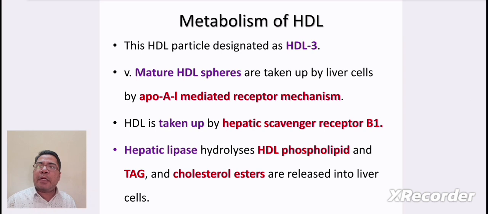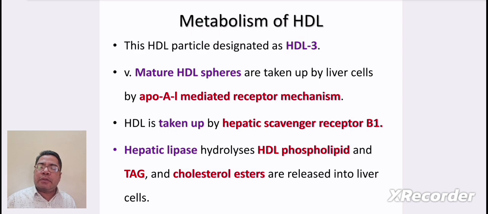This HDL particle, designated as HDL3, the mature HDL sphere, is taken up by the liver by an ApoA1 mediated receptor mechanism. HDL is taken up by hepatic scavenger receptor B1.